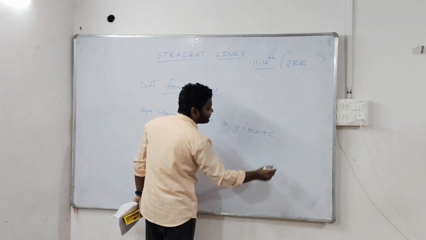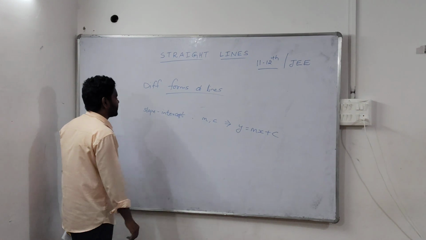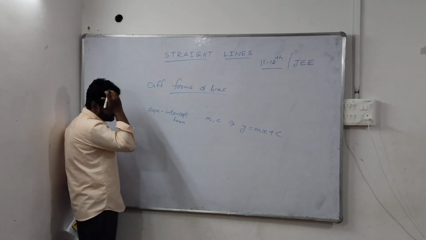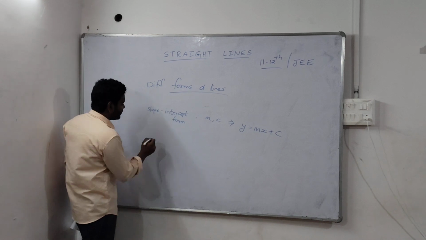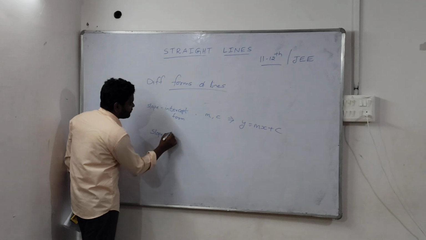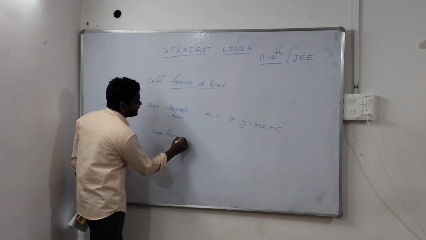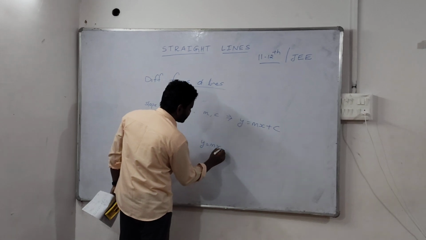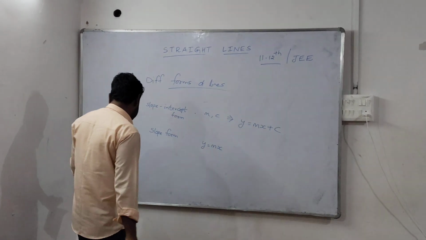This is the slope intercept form. When only the slope is given, in the slope form, it is y equal to mx.